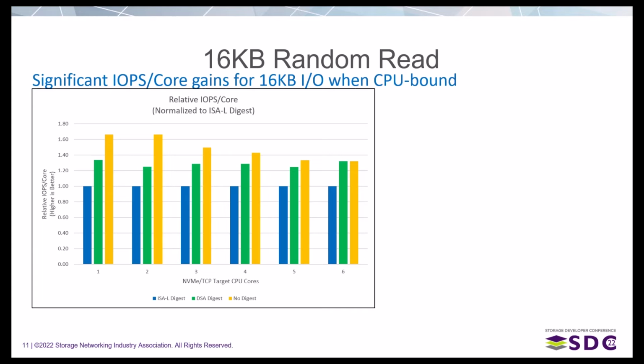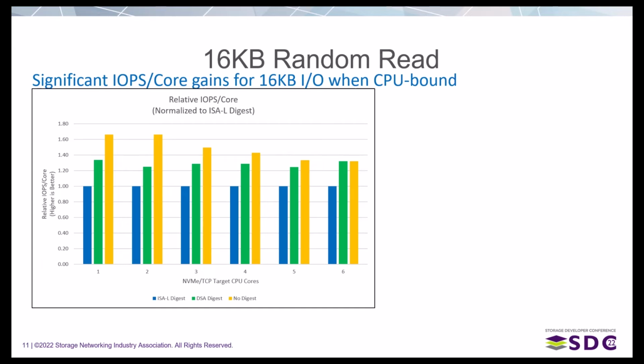What we saw as we scaled the workload and the number of CPU cores used by the target, as we are showing here with the green bar, which represents the IOPS per core for the target when it was using DSA to compute the data digest, versus the blue bar, which is when the target used ISA-L to compute the digest, is we measured a 25 to 34% IOPS per core improvement when using DSA versus when using ISA-L to compute the digest.